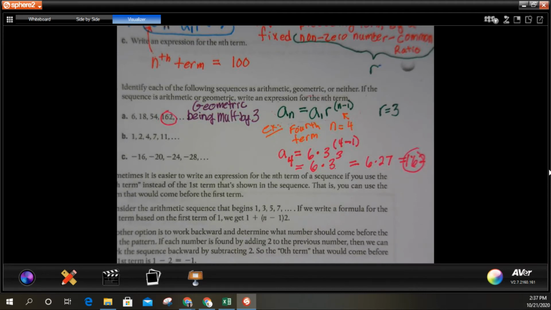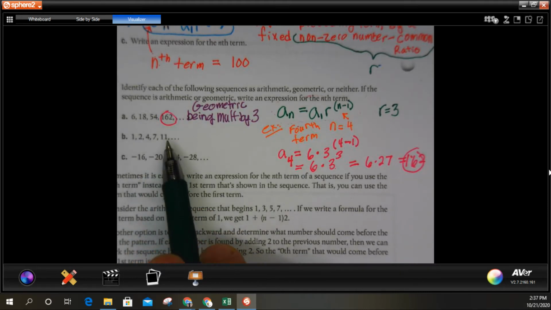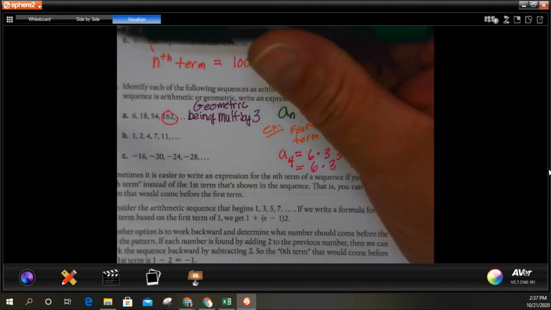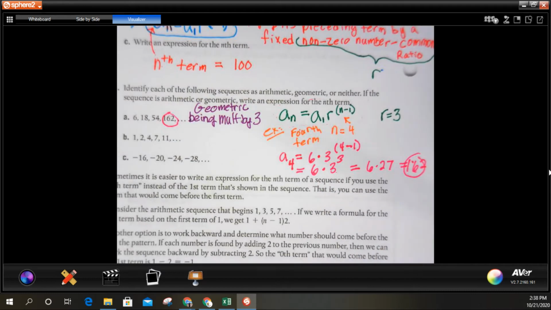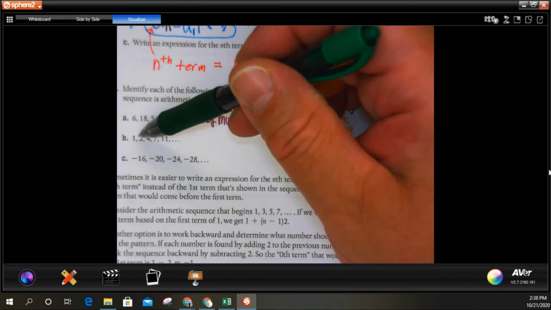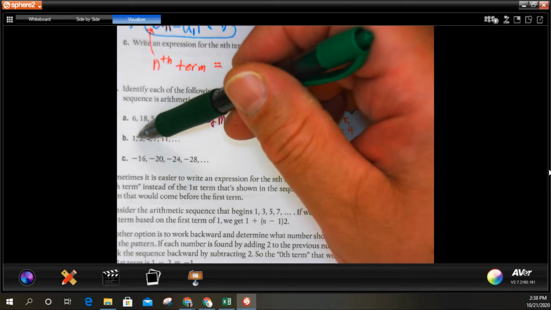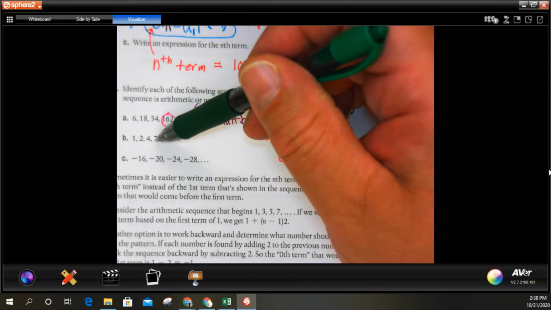Okay, let's look at B. I have 1, 2, 4, 7, 11. Let's see. I add 1, get 2, add 1. Nope, that doesn't work. See, I multiply by 2. 1 times 2 is 2. 2 times 2 is 4. 4 times 2 is 7.